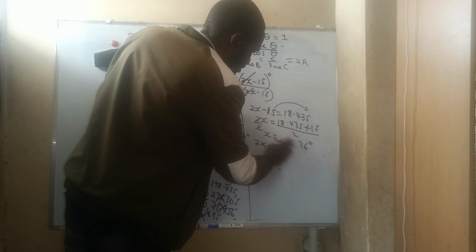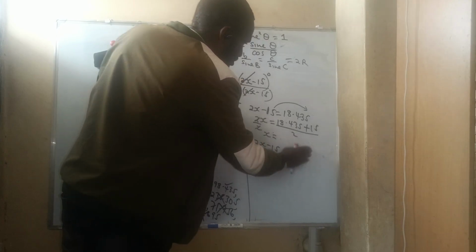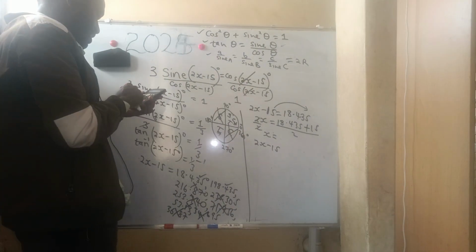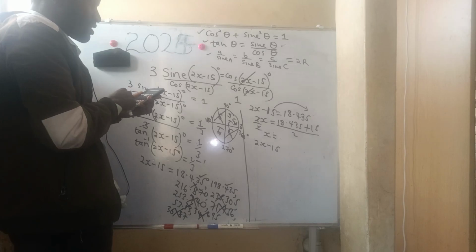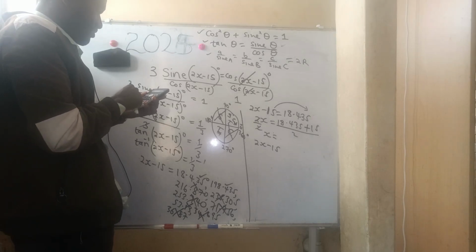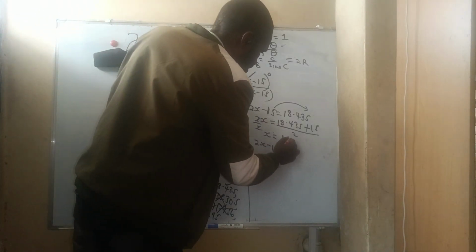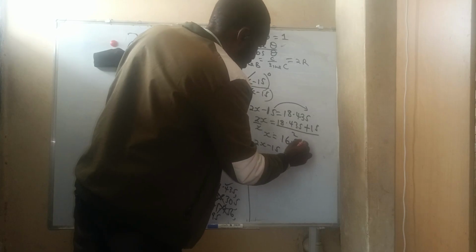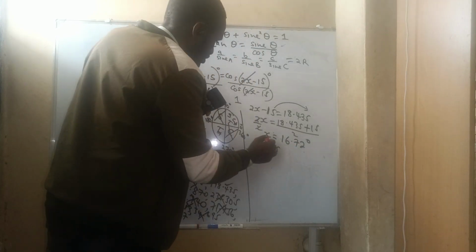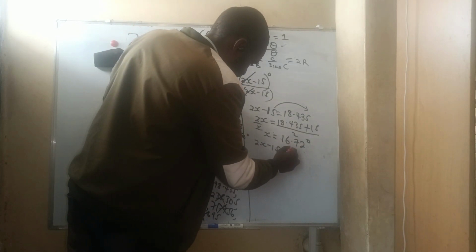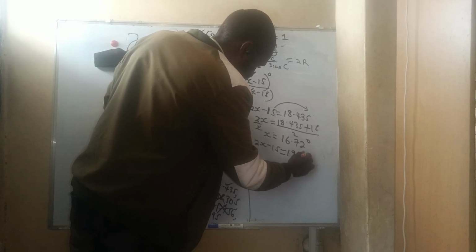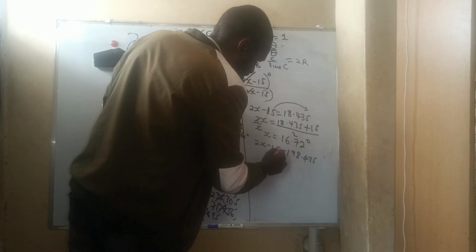Let's see. Write down the right thing here. 18.435 plus 15, then divided by 2 is 16.71. That will come to 72. So 2x minus 15 is equal to 198.435. So take this on the other side.